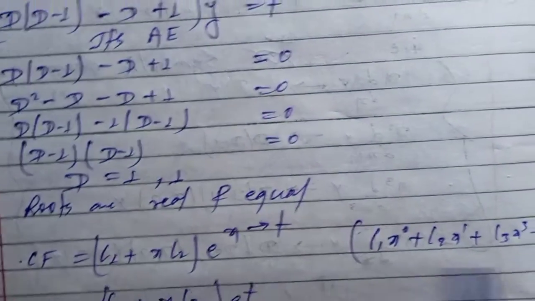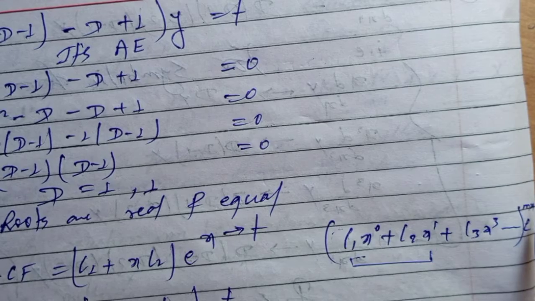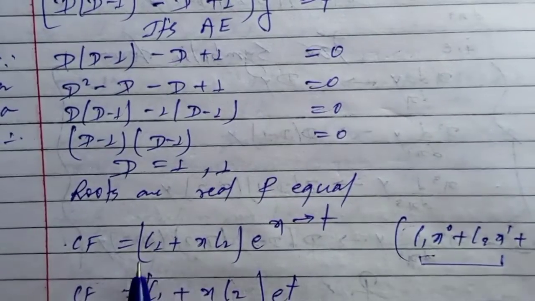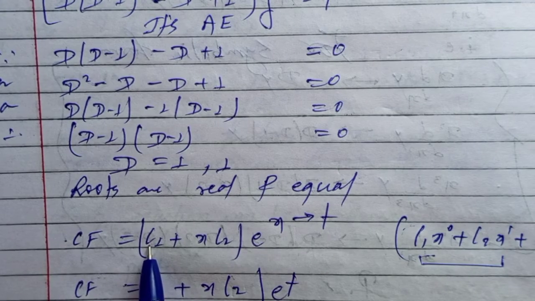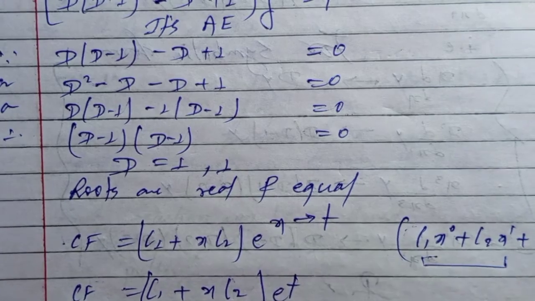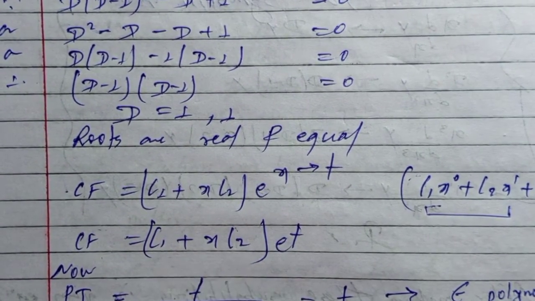But here two roots are equal, so we will take two terms and bracket e to the power mx. This is the power of e. Then here two terms there were, so we wrote (C1 plus x C2) e to the power x, where m is 1. This is our required CF.